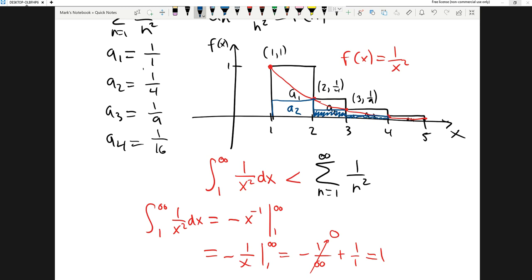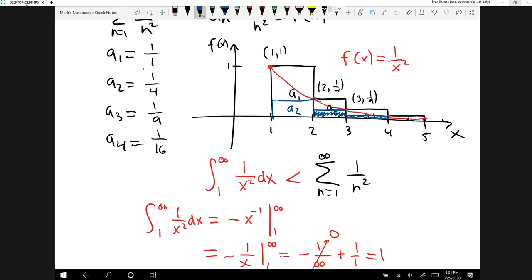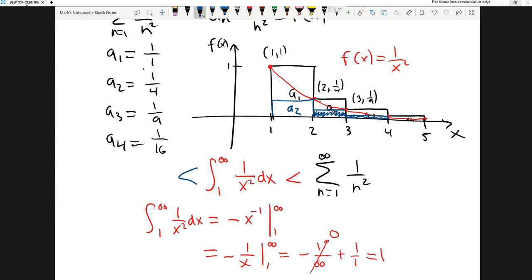And it's very clear from this picture that the blue rectangles, if you added up their area, it would have to be much less than the area under the curve, right? Because the blue rectangles are entirely below the curve. And what is the total blue area? Well, notice that includes all of the rectangles except for the first one.